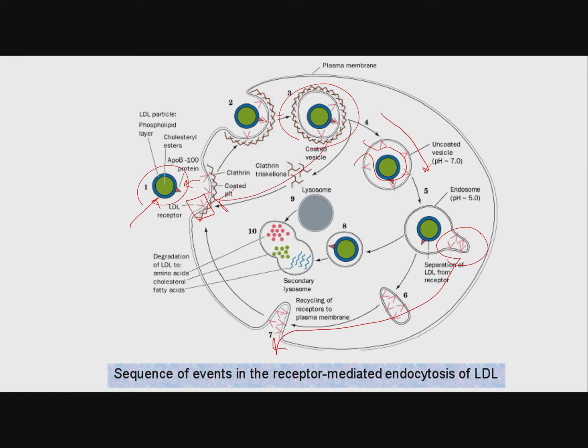Once this LDL is free, a lysosome comes in, breaks it apart, and frees up all the cargo that was inside the LDL for use by the cell, whether that's incorporation into new plasma membranes or use for energy.